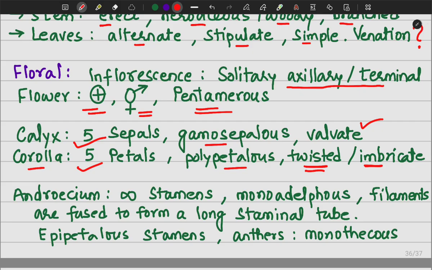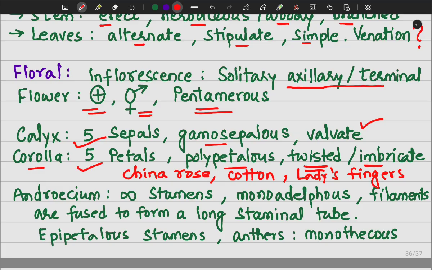China rose along with cotton and lady's finger. These 3 examples we studied in the twisted estivation. So these 3 examples are the members of this Malvaceae family only.